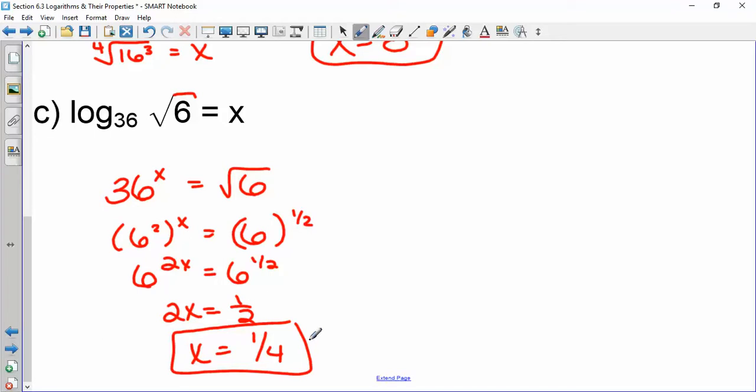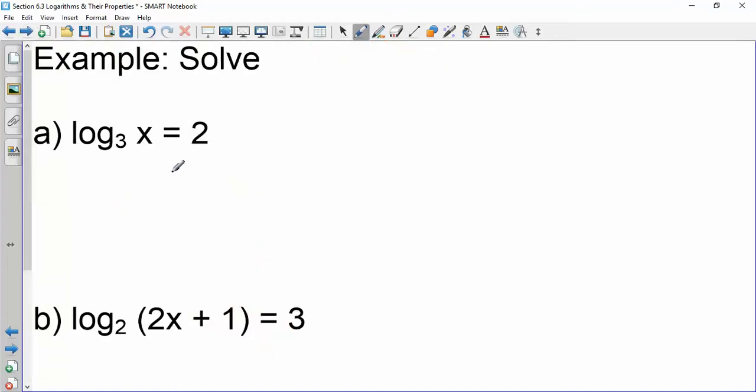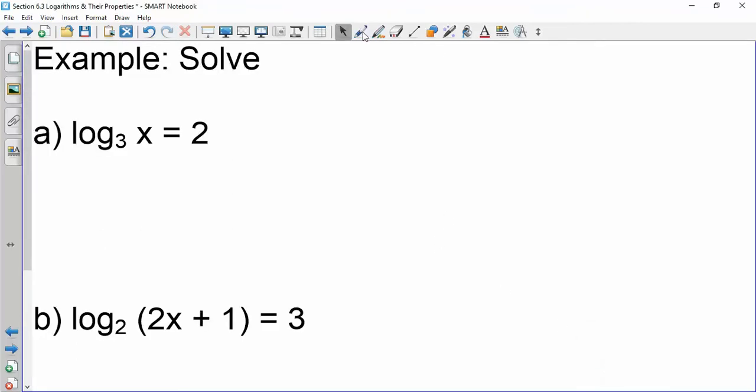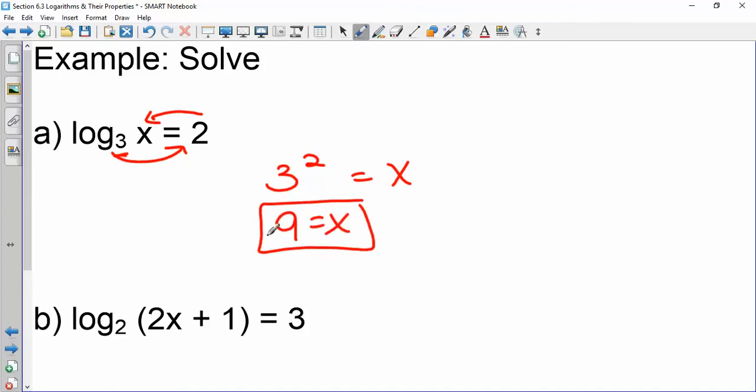For you guys to do a couple on your own. So here are your 2 problems to solve. So the first one, you start with the base, so it's 3 to the 2nd equals x, and 3 to the 2nd is 9, so x equals 9.